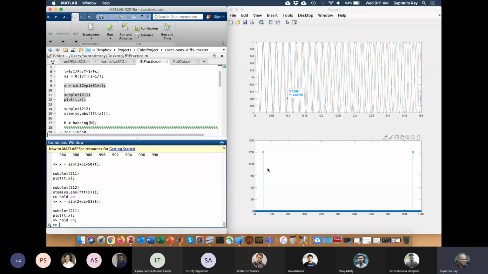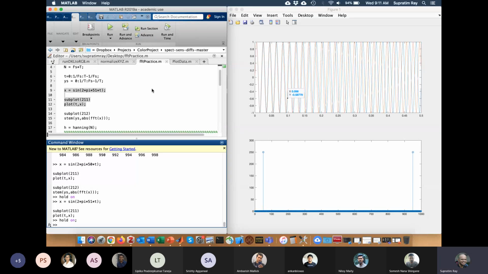But now the problem is that you are only looking at frequency values that are separated by 2 hertz. So you've got a point at 50, the next one is at 52, because I'm only looking at half a second. So there is no 51 hertz component here at all. It's either 50 or 52.